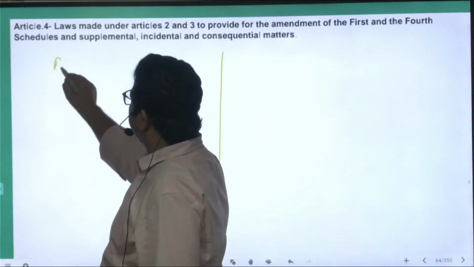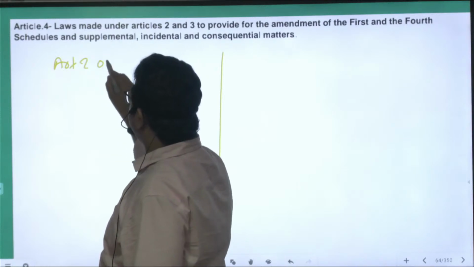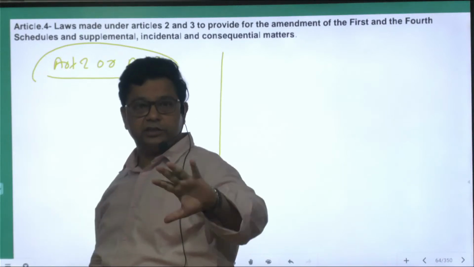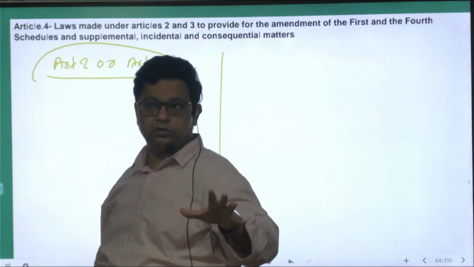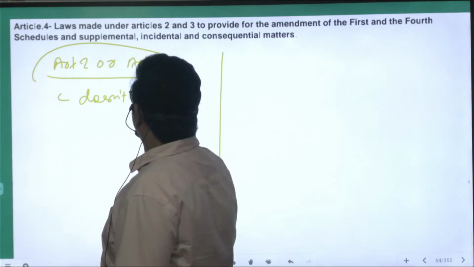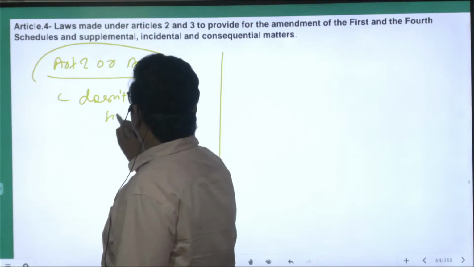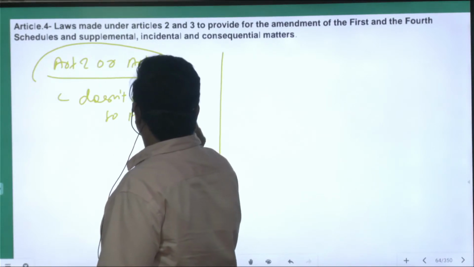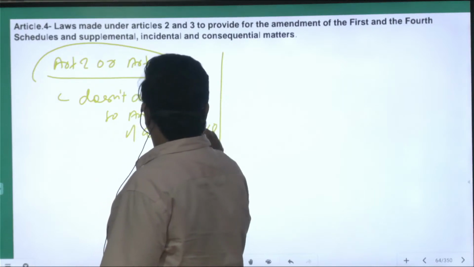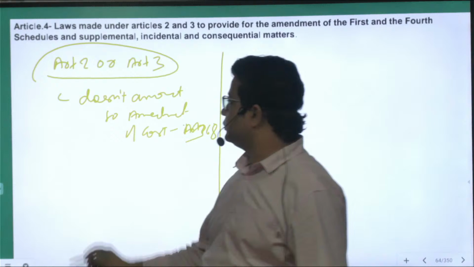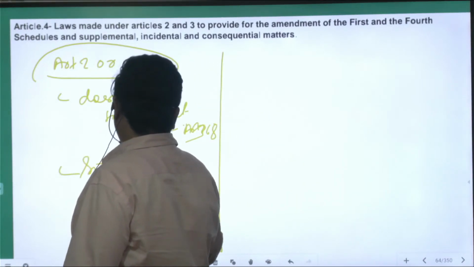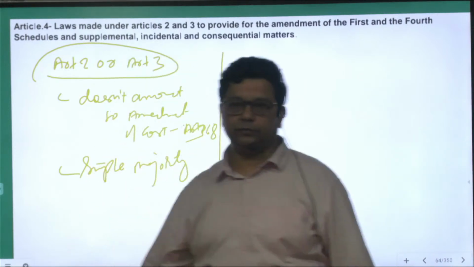First, whatever changes were made by Article 2 or Article 3 in the Constitution do not amount to amendments of the Constitution under Article 368, which means it is to be done by a simple majority. This is one of the things.